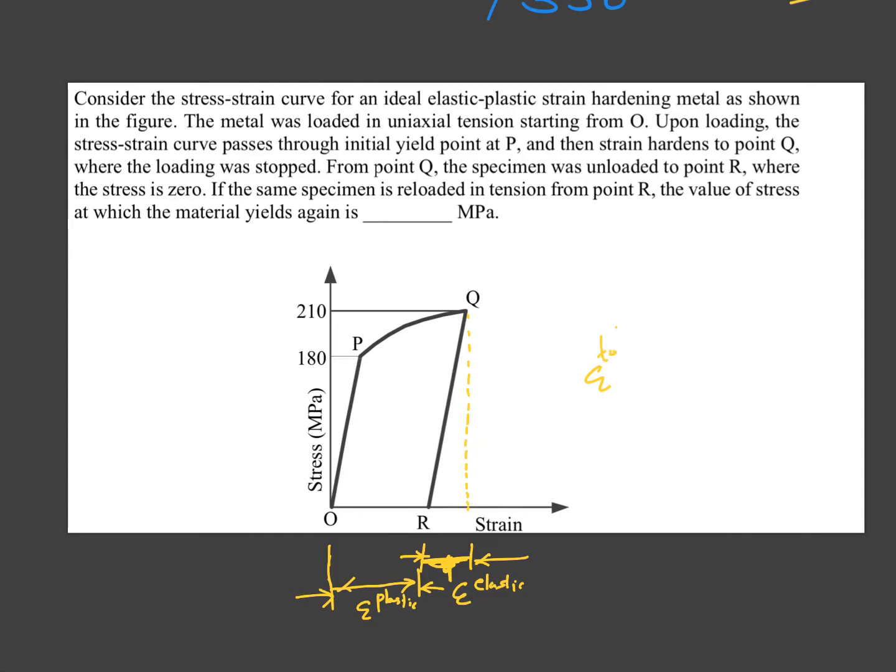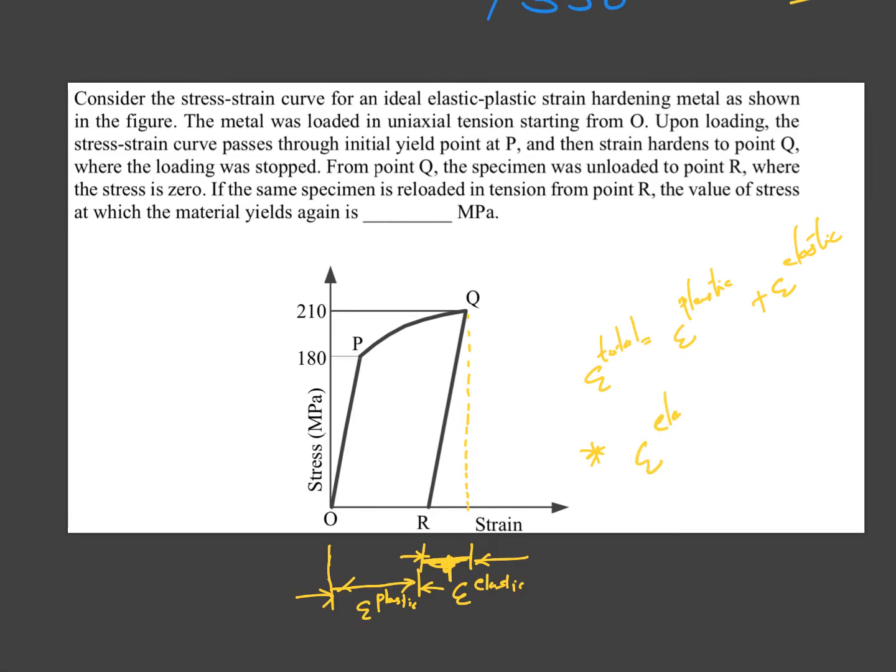So your total strain is epsilon plastic plus epsilon elastic. I wanted to tell you this one piece of information.